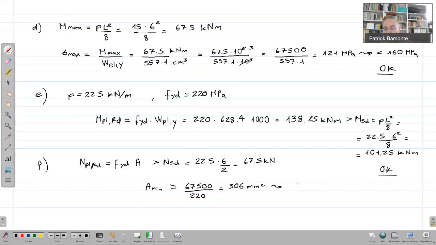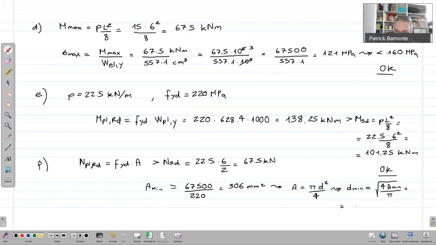The diameter corresponding to this area can be determined by remembering that the area of a circle is simply pi multiplied by the diameter to the power of 2 divided by 4, which means basically that the minimum diameter is equal to the square root of 4 A minimum divided by pi.